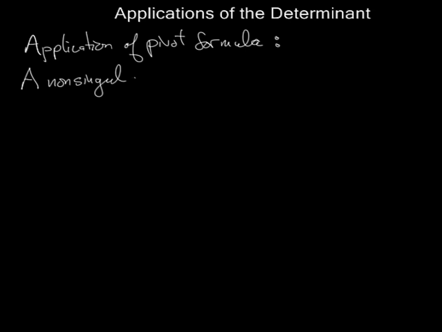And I'll conclude with an application of this application, the application of the pivot formula. And it's the following. So remember, if you have a non-singular n by n matrix, there's the permuted LDU decomposition, PA is equal to LDU.